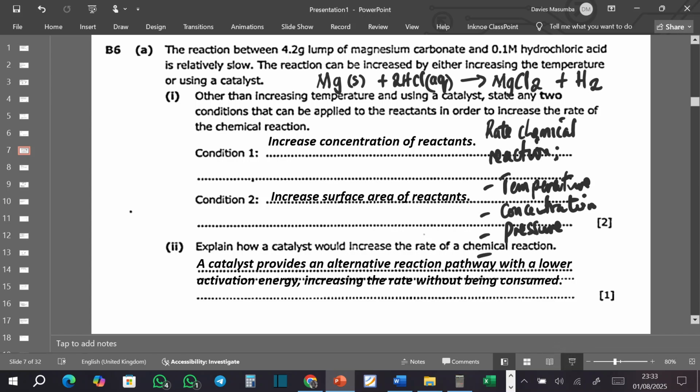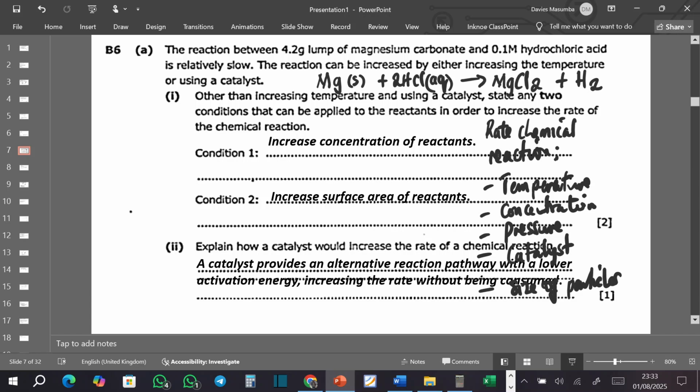Then another one is the catalyst. Catalyst affects any type of reactants. Then another one is this one, surface area or size of particles. So these are some of the factors which affect the rate of chemical reaction.